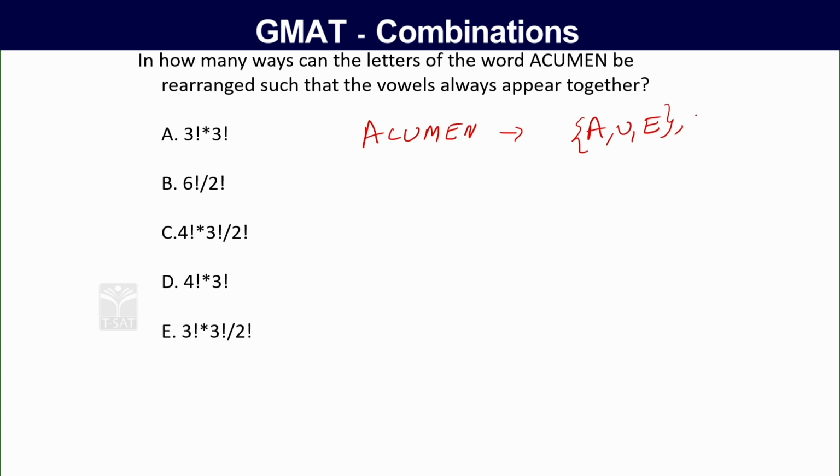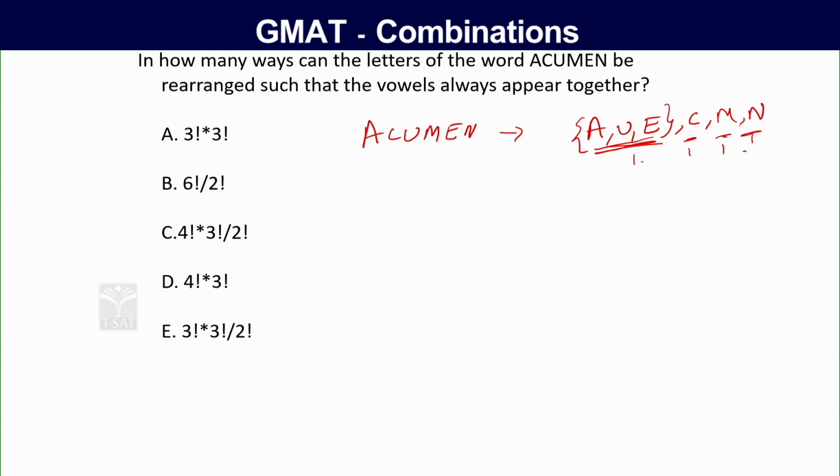So, you are left with C, M and N. Now, since these 3 vowels have to be together, let us consider them as one unit. So, this is 1, this is 1, and this is 1, this is 1.